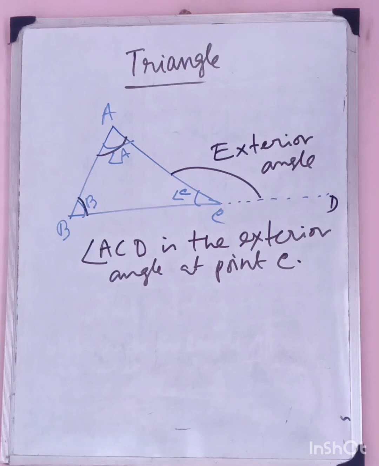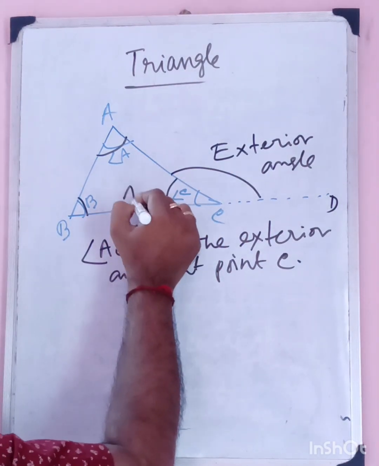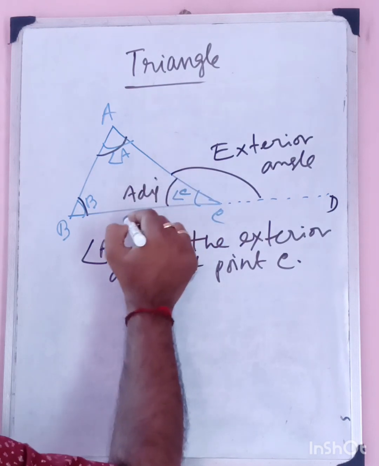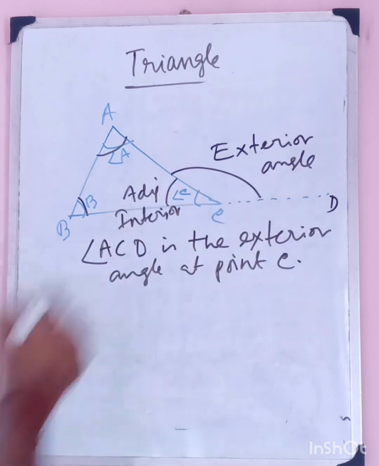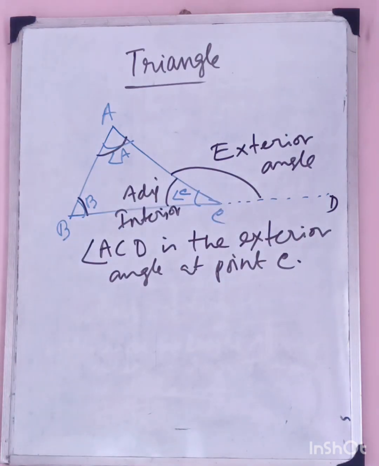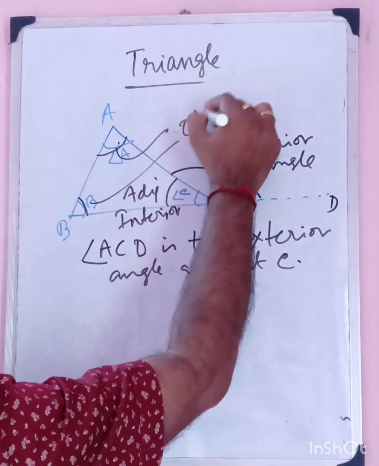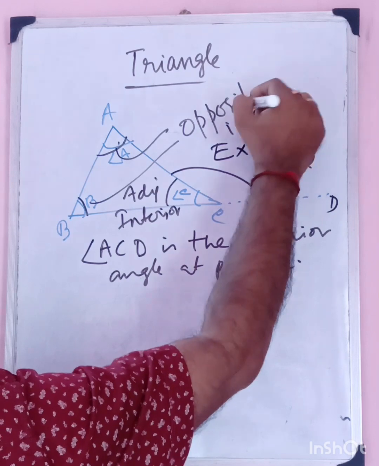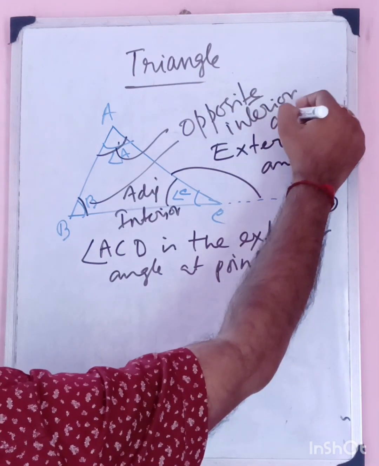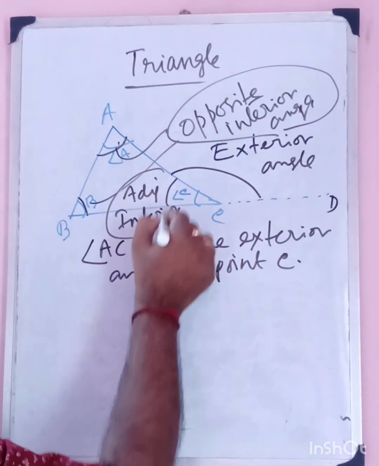Two opposite interior angles. This angle C is called adjacent interior, because this is adjacent with this angle. And this angle A and B are called opposite interior angles.